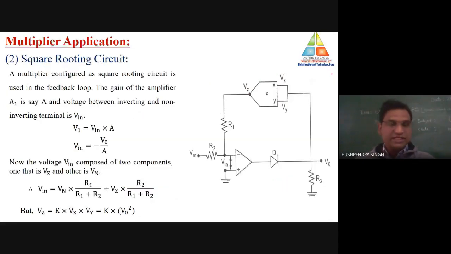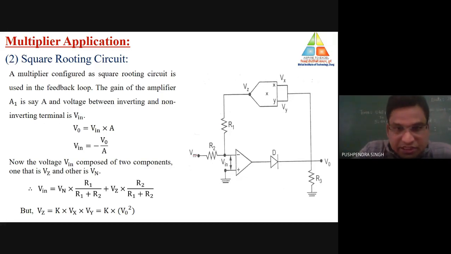Now moving towards the second application of the multiplier, which is called the square rooting circuit. Here we are generating the expression of the output. Output will be the square root of the input.